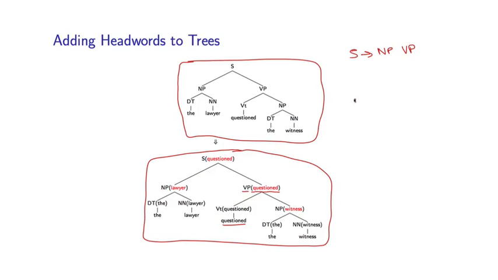So in one sense, you can just view these new structures as a new set of non-terminals. Whereas before I had non-terminals like S or VP, now I have non-terminals like S questioned or NP lawyer.